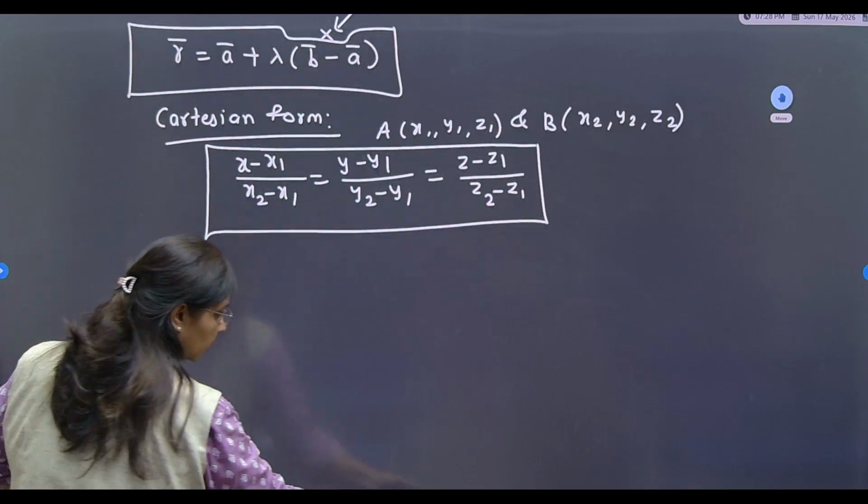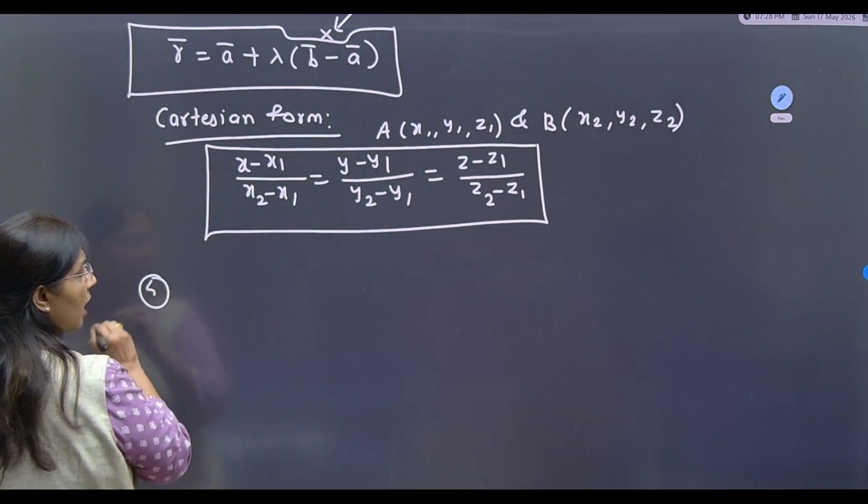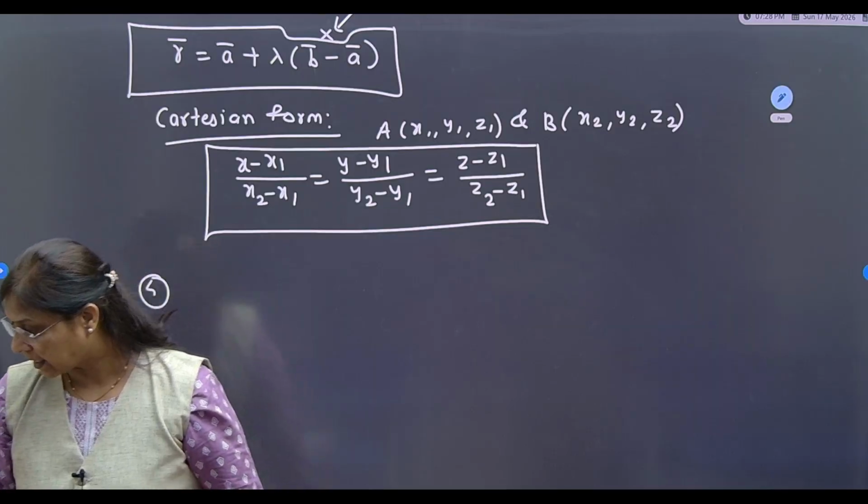Then next, number 4: equations of the coordinate axes.